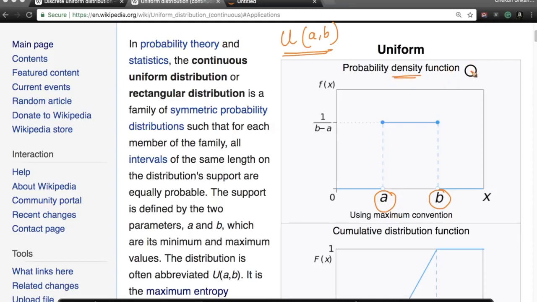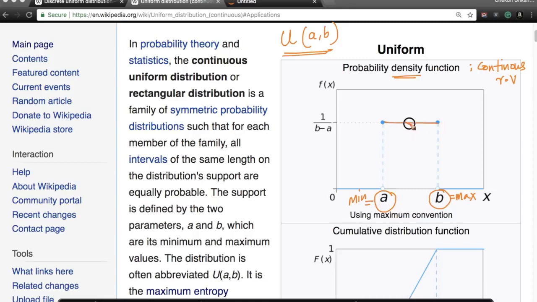That automatically means that this is a continuous random variable. Now comes the interesting part. This is called the minimum and this is called the maximum value. And the PDF of a uniform distribution for a continuous random variable is literally a line like this.